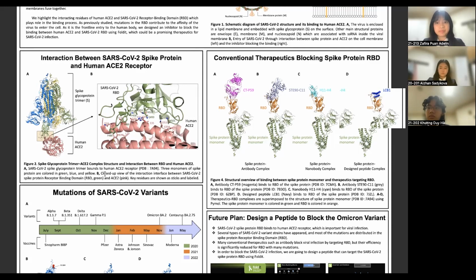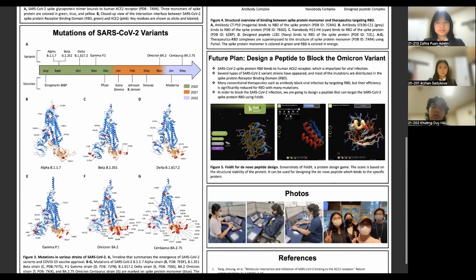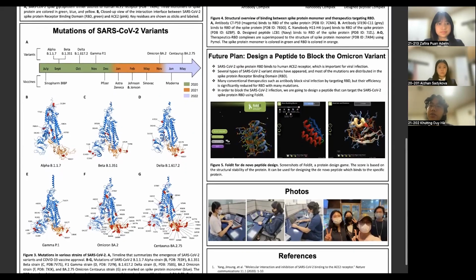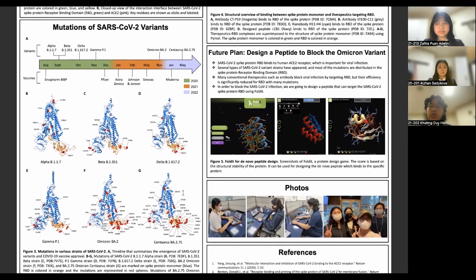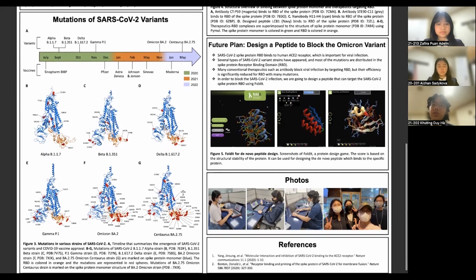using the folding program. So as you can see in figure 3a, we've made a graph showing the progression and the emergence of each strain of COVID, from Alpha B.1.1.7 to Centaurus BA.2.75, and we've got all their pictures, their graphs here, with all of their mutations highlighted.